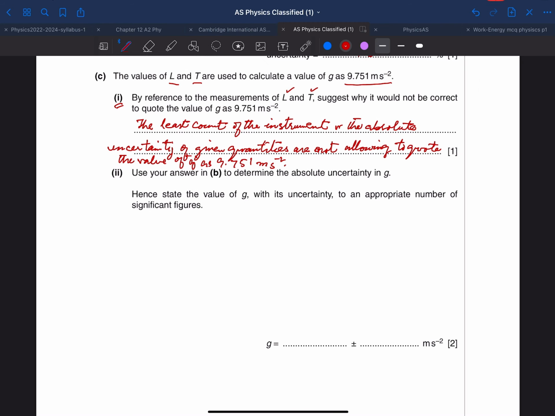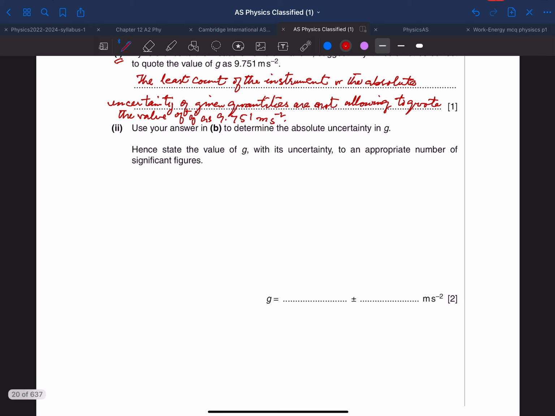Then use your answer in B to determine the absolute uncertainty in G. So it's very simple. Here you have the situation of del G over G, and we know that percentage uncertainty of G is nothing but del G over G into 100.